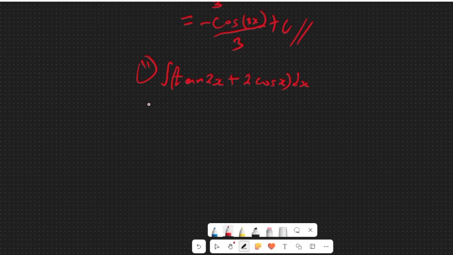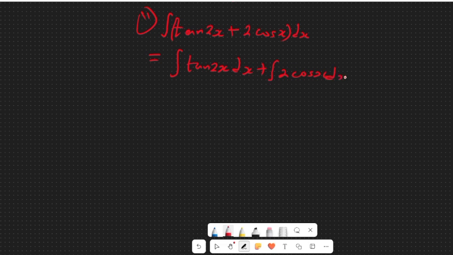By separating the two terms, we have the integral of tan 2x dx plus the integral of 2 cos x dx. Let's make sure that you solve it one after the other.